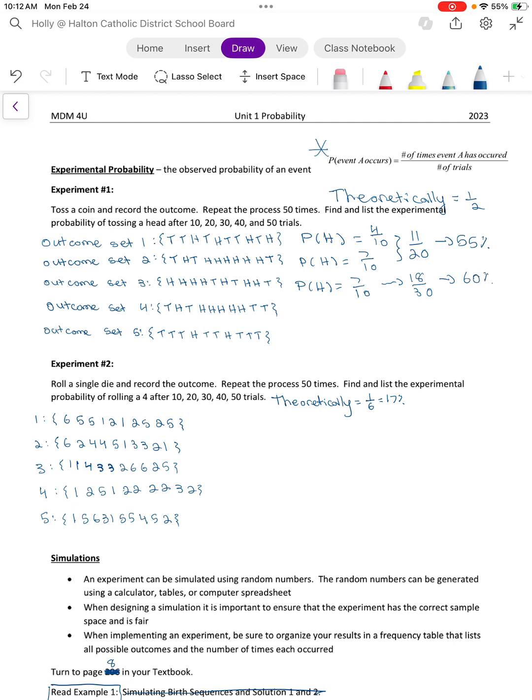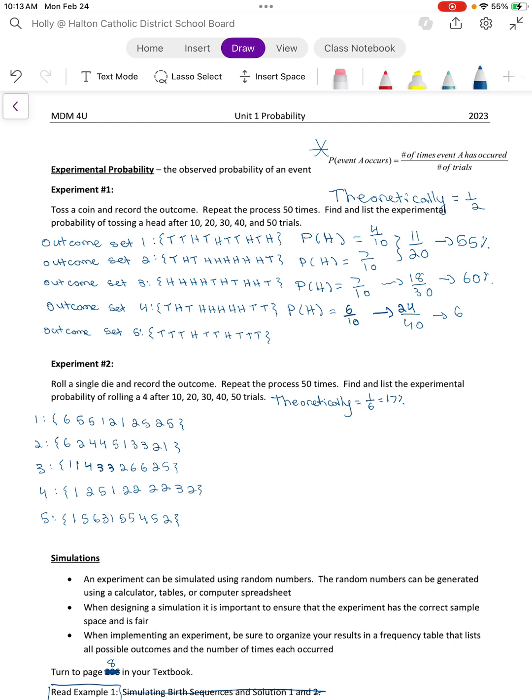Set 4. Probability of landing a heads, tossing heads, 1, 2, 3, 4, 5, 6, 6 out of 10. 18 plus 6 would be 24 out of, I've now run 10, 20, 30, 40 trials.